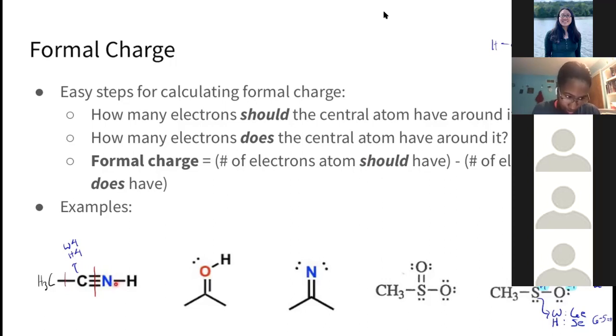Just as we divide a single bond in half and say that each bond gives 1 electron to the nitrogen, we divide a triple bond in half and say, okay, instead of just 1 electron, the nitrogen is now getting 1, 2, 3, 4 electrons. So nitrogen also has the same number of electrons around it as carbon. Did that answer your question?